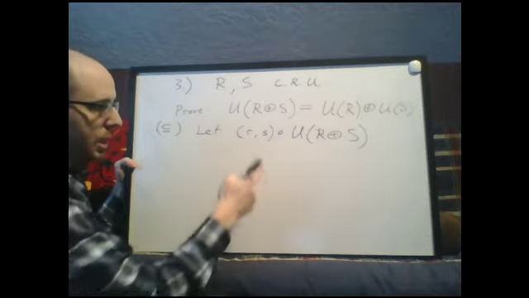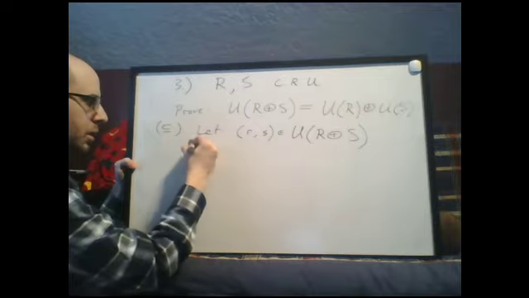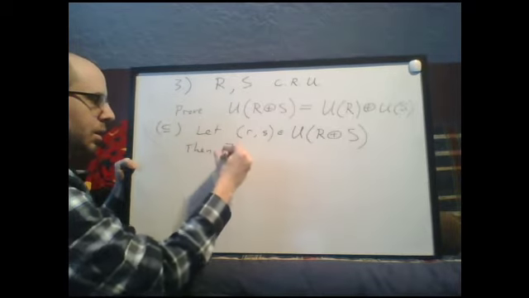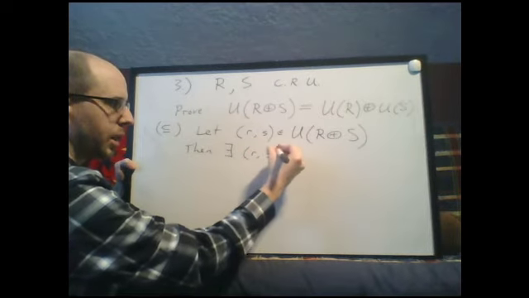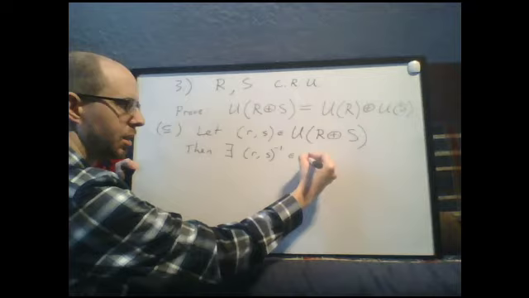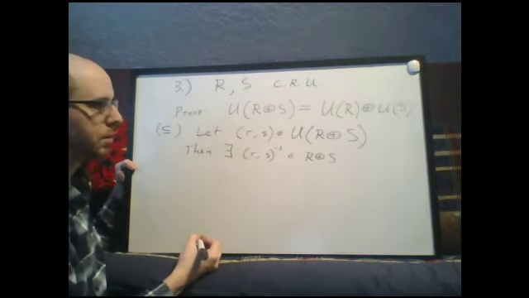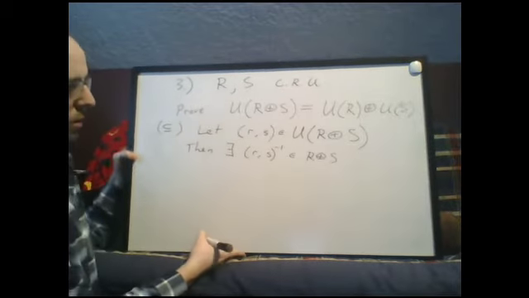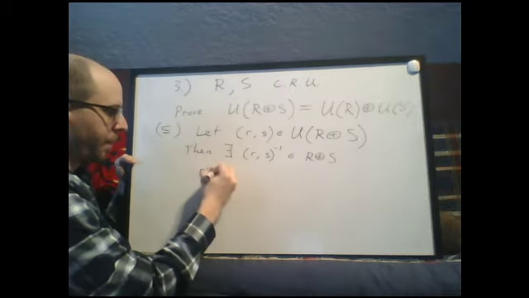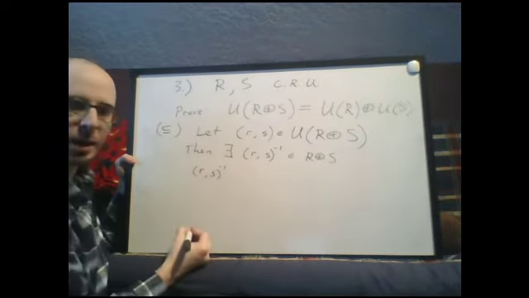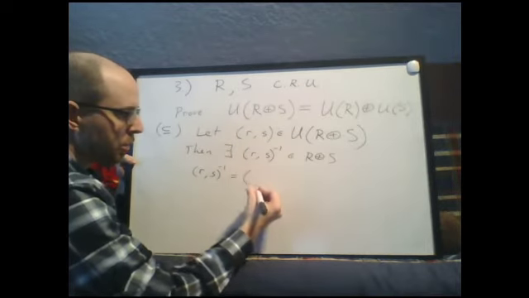Okay, what that means then, if it's in U of something, that means it has a multiplicative inverse. So then there exists, I'll write it, (r,s) inverse in R plus S. Another way of saying this is (r,s) inverse has to be an element of R plus S. So that means it's going to be an ordered pair.